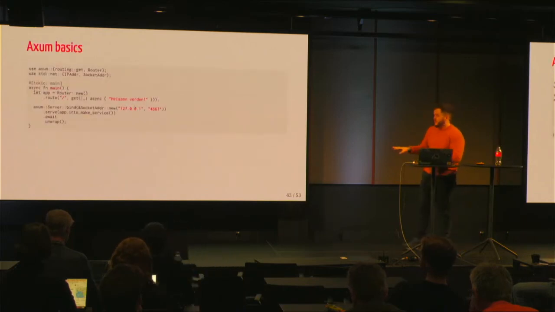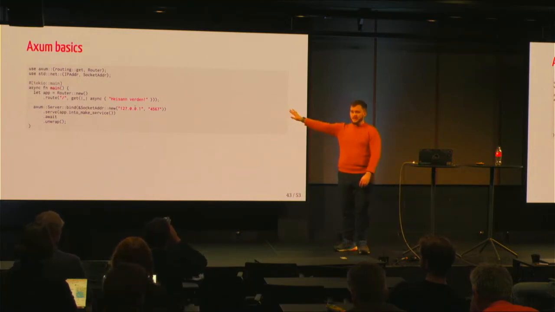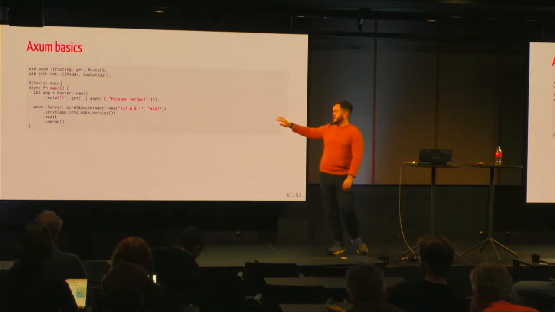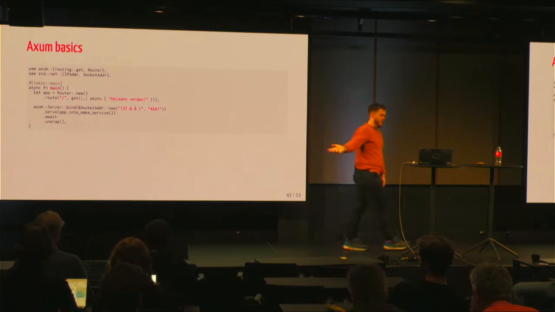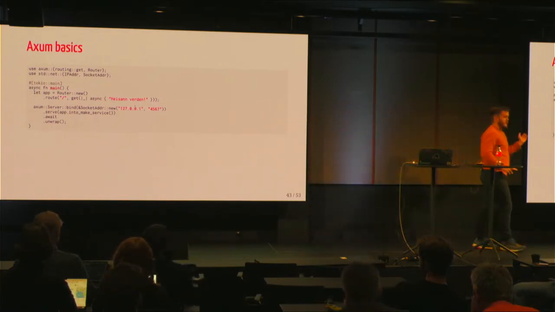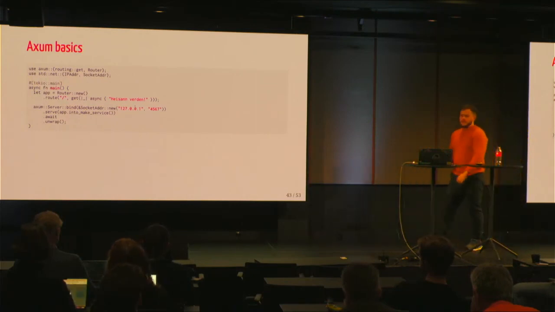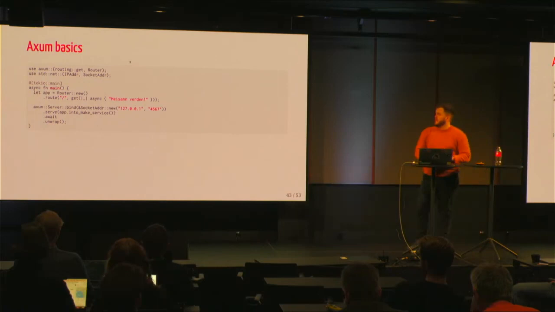And just some basics of Axum. I have implemented most of this in the exercise. The first exercise will be just finding the typos I made on purpose and trying to get the server up and running, and then add some features and endpoints. So in this example, this is the most basic one.